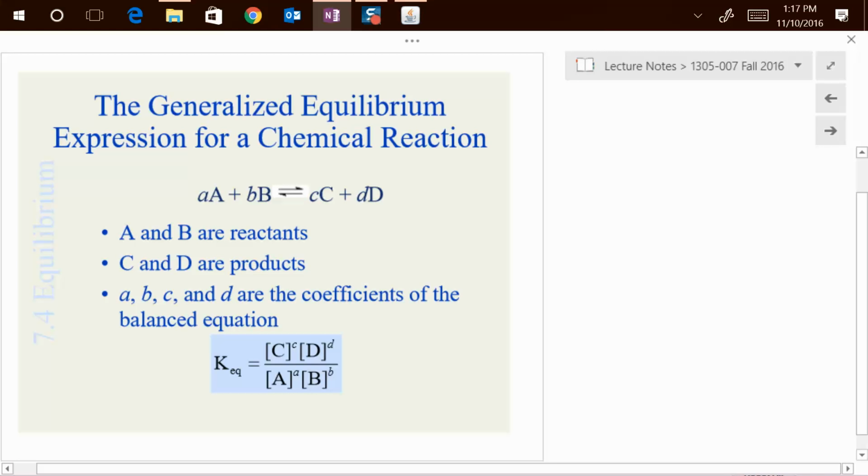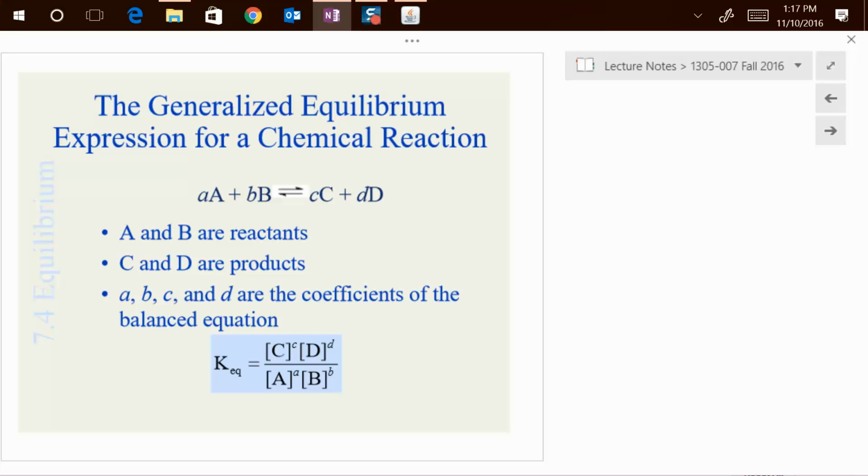So like I said, when we write equilibrium expression equations, we do it by using the coefficients. Here is an equilibrium expression equation. This is the general format.